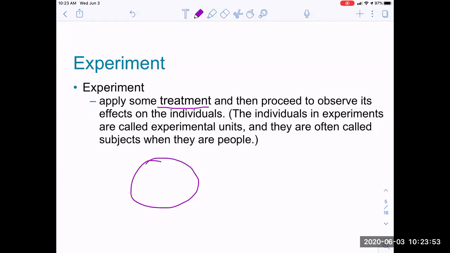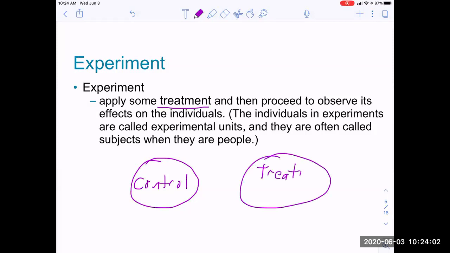You've probably seen the diagrams where you have a control group, then a treatment group. Think about medicine. These people get the meds. These people get the placebo, the sugar pill, and then you can compare the 2 groups and see if the medication was statistically significant.